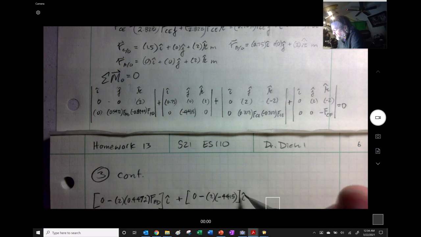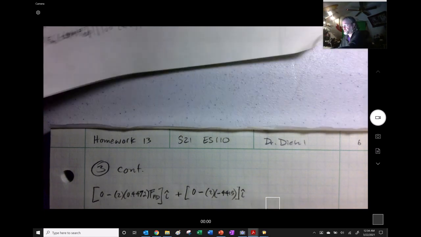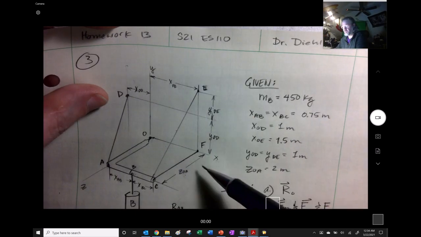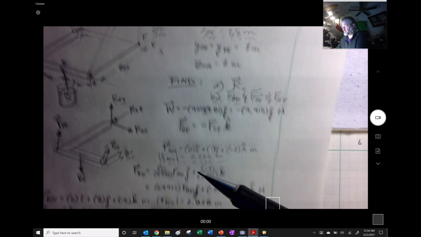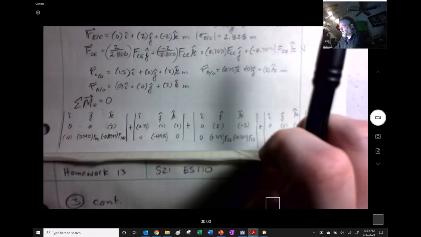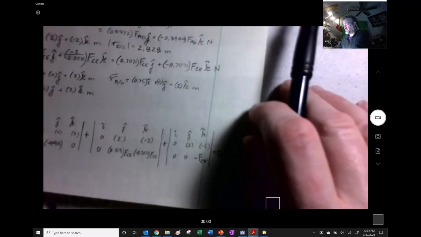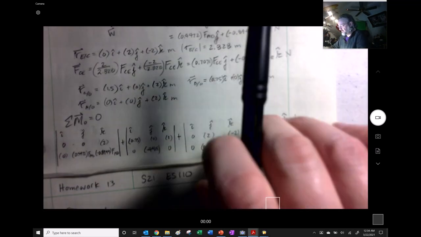And that makes sense because that's the weight, right? So the weight is going to cause a moment about the x-axis as we've drawn it, right? This weight causes a moment about this axis right there. It's also going to probably cause a moment about the z-axis, but not a moment about the y-axis.